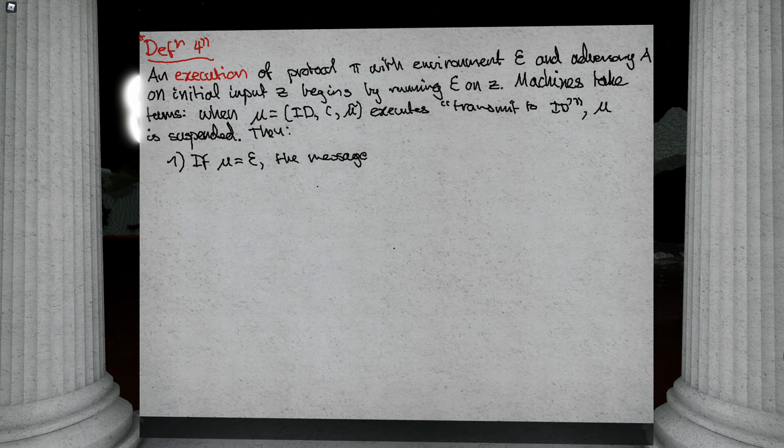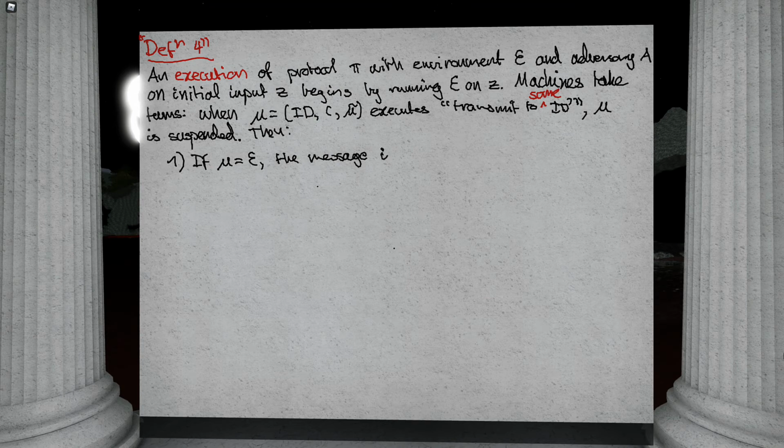The machine runs until it executes a transmit to some identity instruction. ID prime is capturing whatever identity we're sending to. So it's suspended anytime it attempts to transmit something to anybody. Yes, to some ID prime.